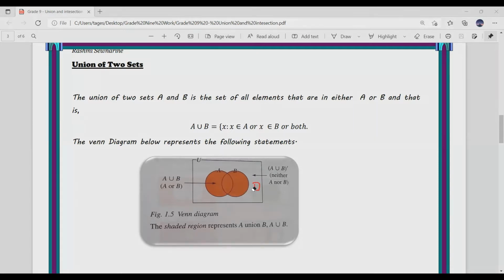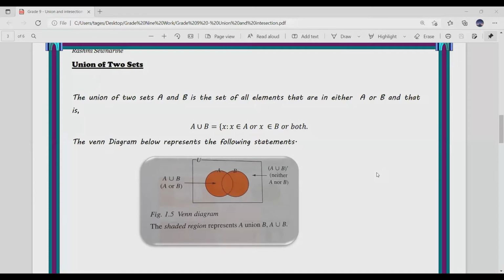Once it has this bracket with A union B inside and the complement sign outside, that is everything that is not inside of the set. Once it's not inside of the set, it's going to be in the rectangle area of the box. Right, so that's it for that part.